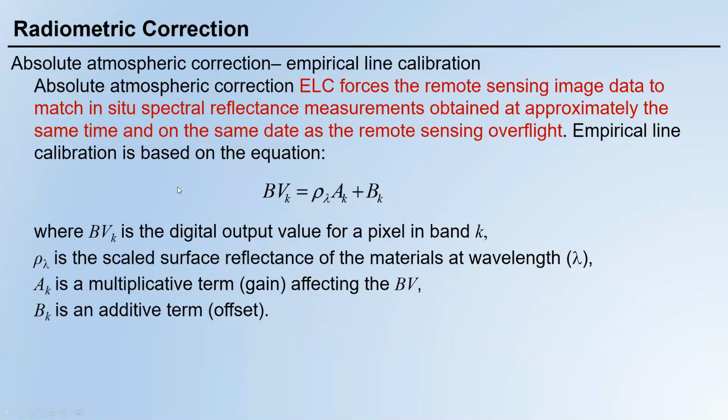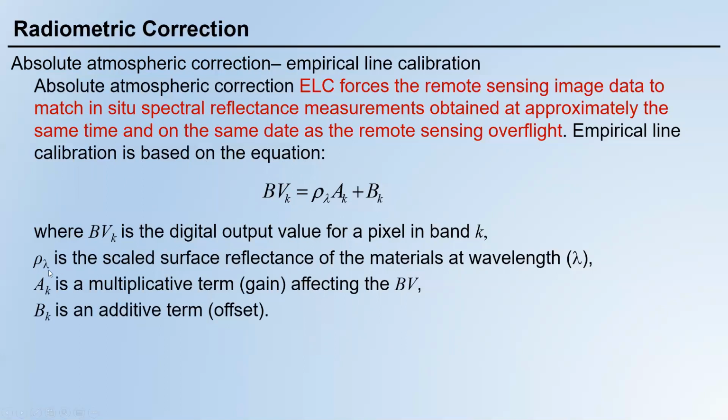Empirical line calibration is based on the equation listed here. So we have different inputs and parameters here. BVK is the digital output value for a pixel in band K. So BVK is the output of this calibration. In other words, BVK is the calibrated value for a pixel.